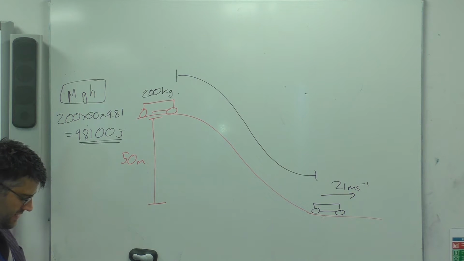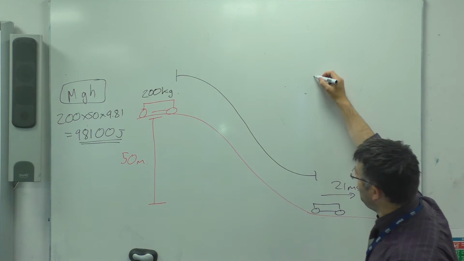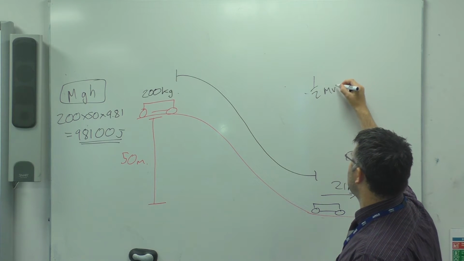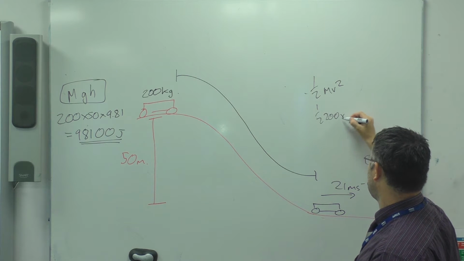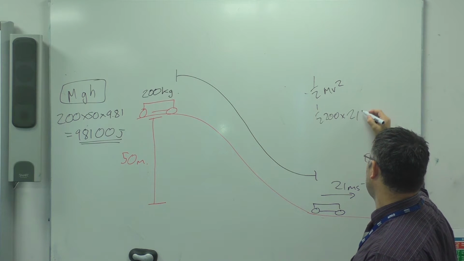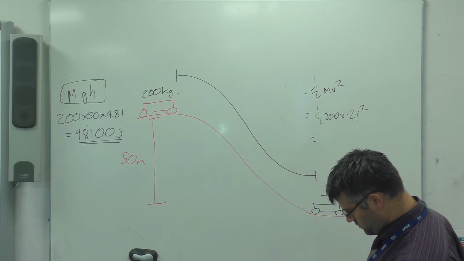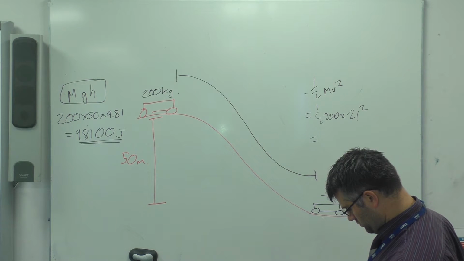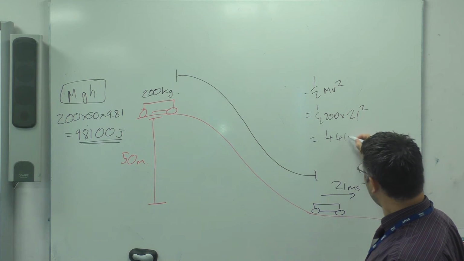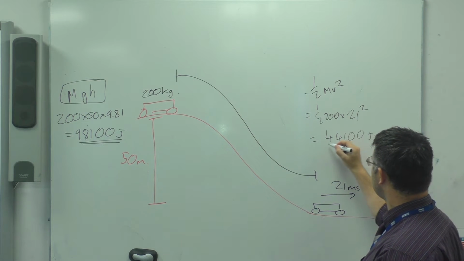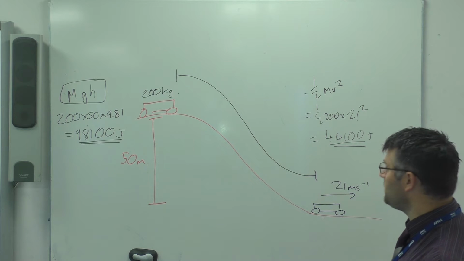Okay, so that is the energy at the top. The energy at the bottom is our half mv squared, so half times 200 times 21 squared, which gives us 44100 joules.